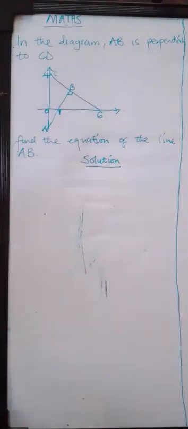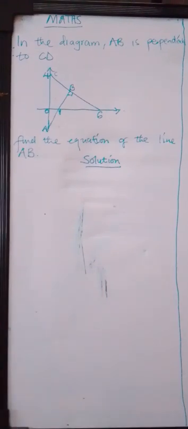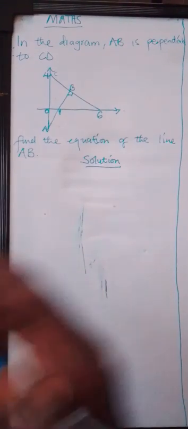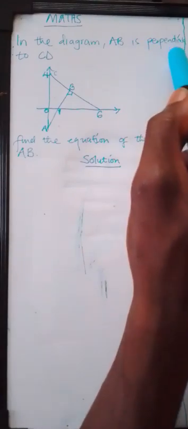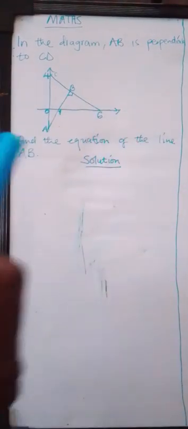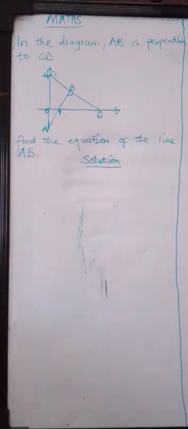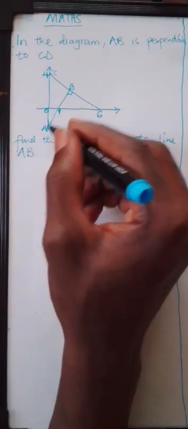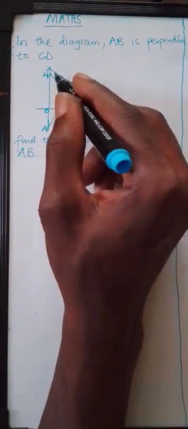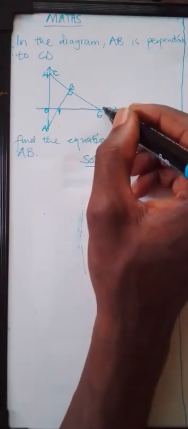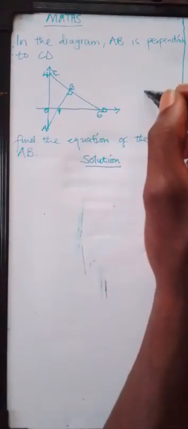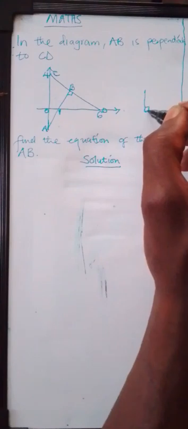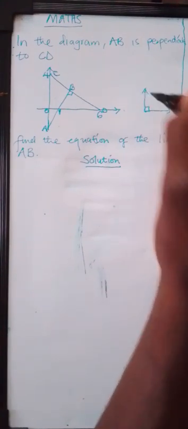So basically this question came in 2024. It says in the diagram AB is perpendicular to CD. They are telling us that AB is perpendicular to CD, meaning they form a right angle.